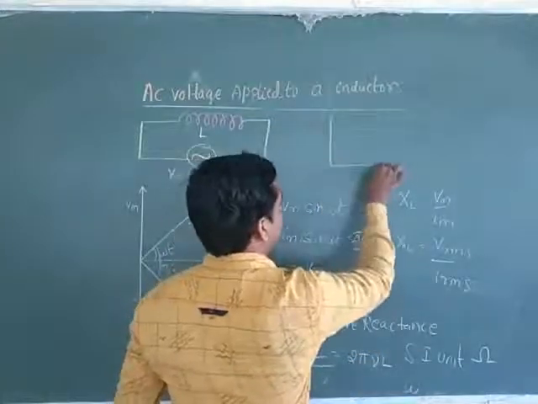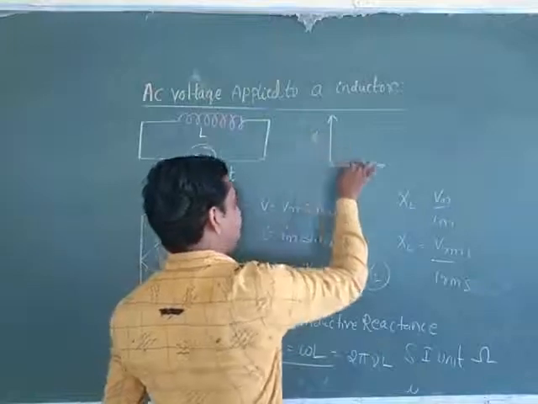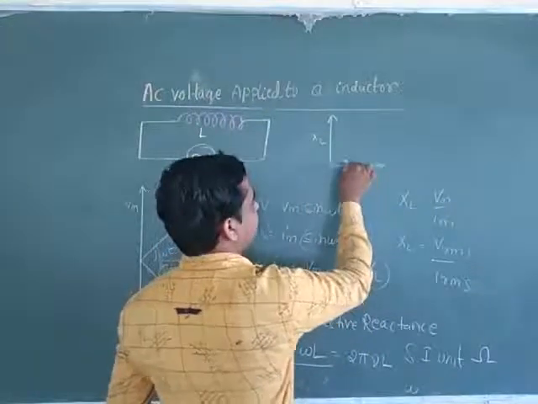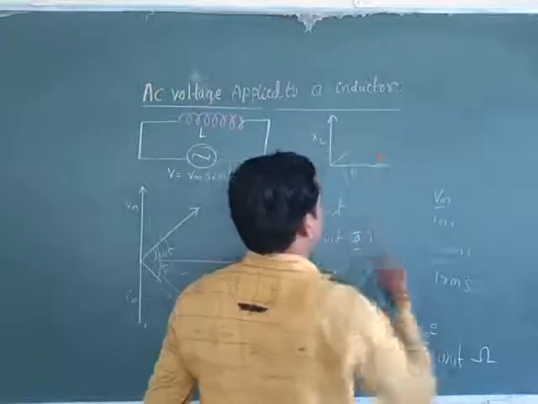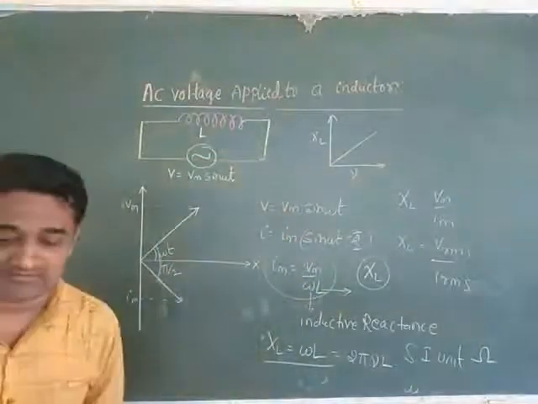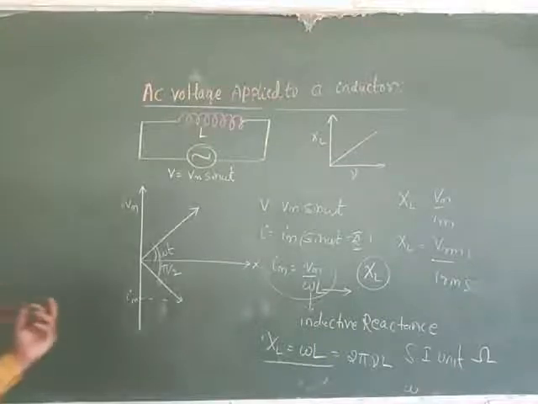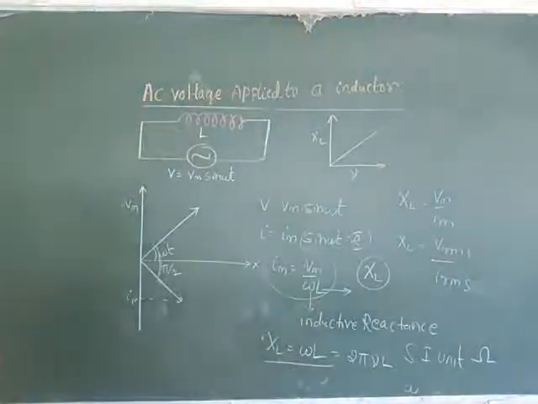This is a linear relation: as the frequency increases, the inductive reactance also increases. For a DC circuit, there is no inductive reactance, because XL is equal to 0 for DC current.